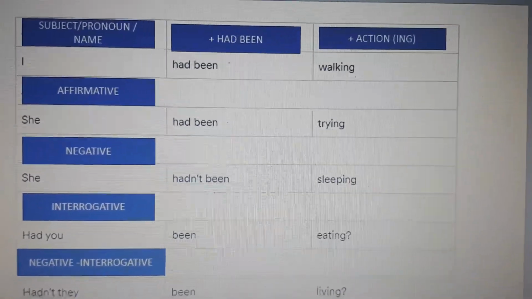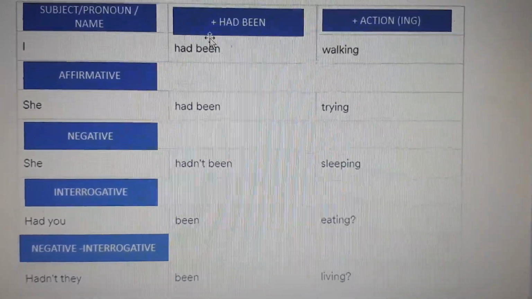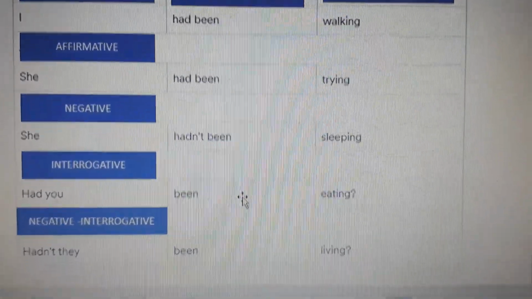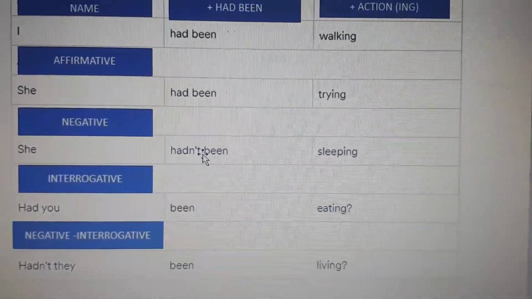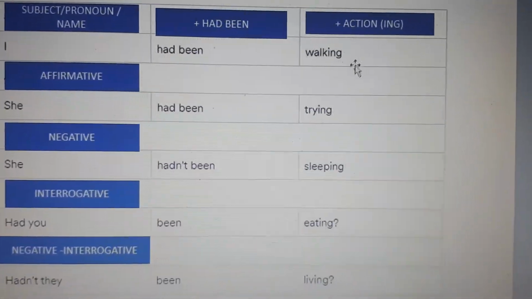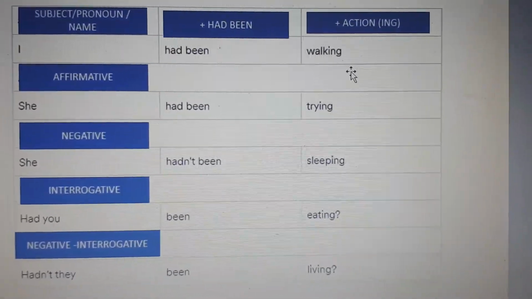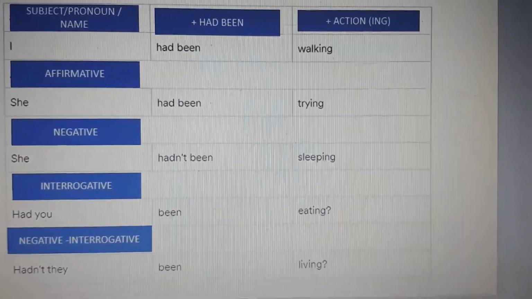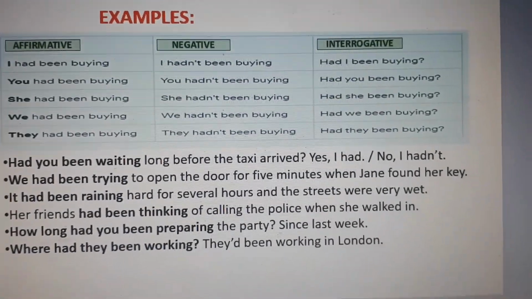You have to use any pronoun, any name, singular or plural, plus had been, or negative, hadn't been or had not been, and then the action with ing, any kind of action. These are some examples. And finally, I add more information with more examples.